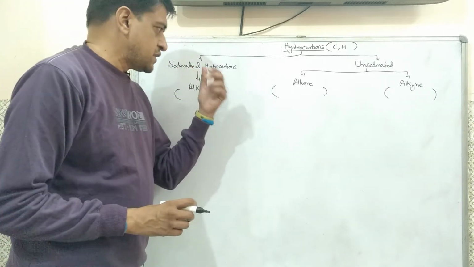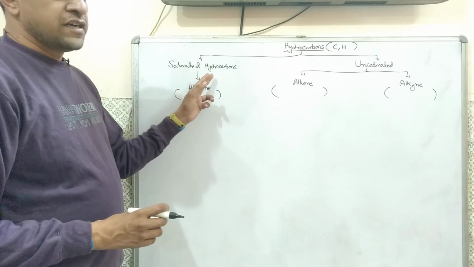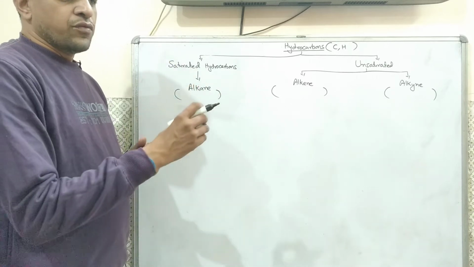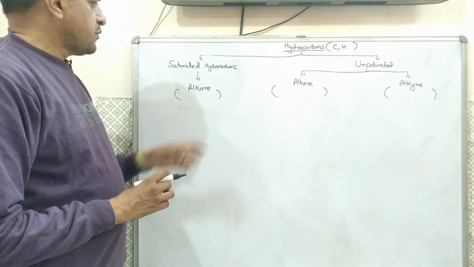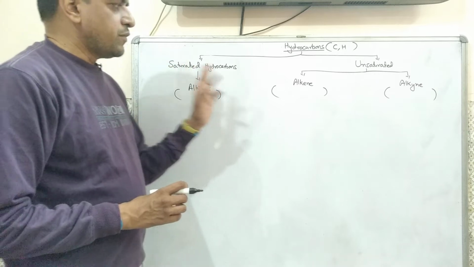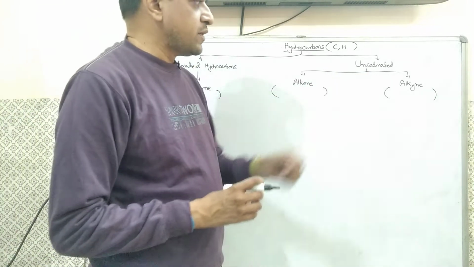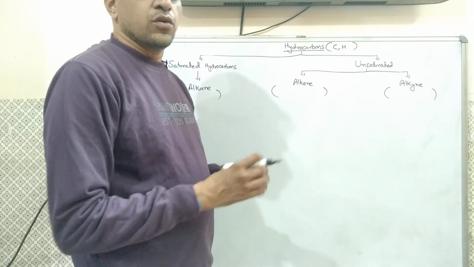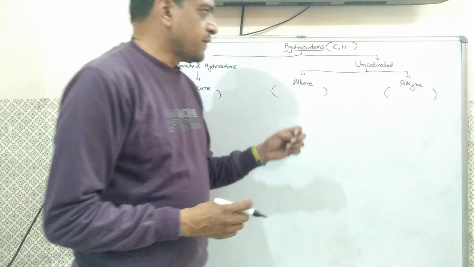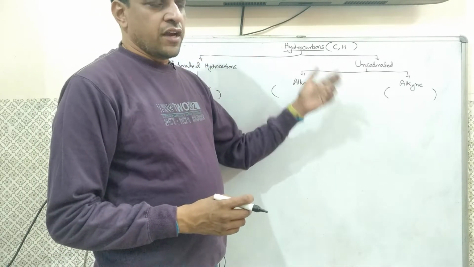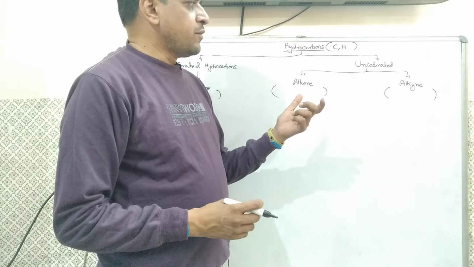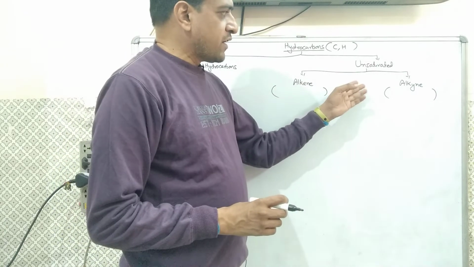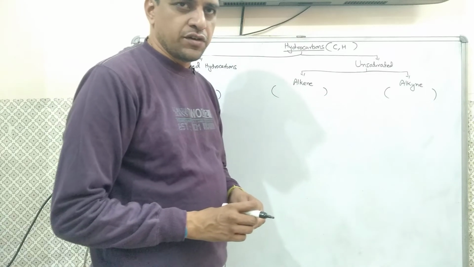Saturated hydrocarbons, as the name indicates, are fully satisfied, in which each carbon atom is fully satisfied with 4 hydrogen. That means they are saturated. But in case of unsaturated hydrocarbons, these carbons are not fully satisfied with hydrogen. That's why it is unsaturated. They have either a double bond or a triple bond between carbon atoms. That's why they are more reactive and unsaturated.